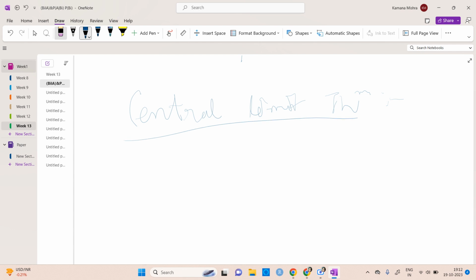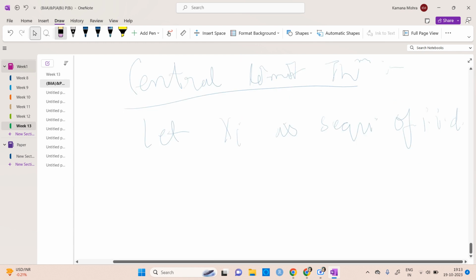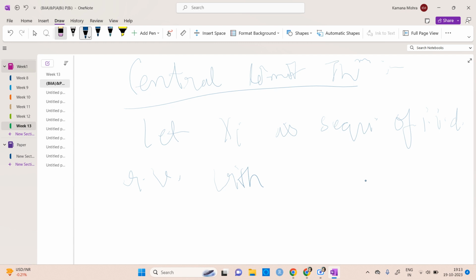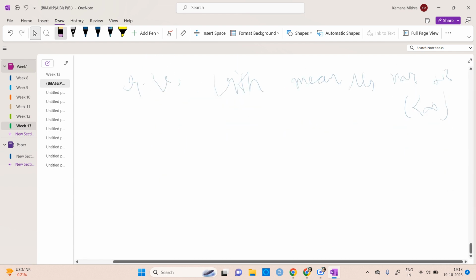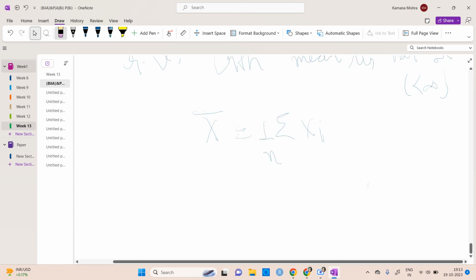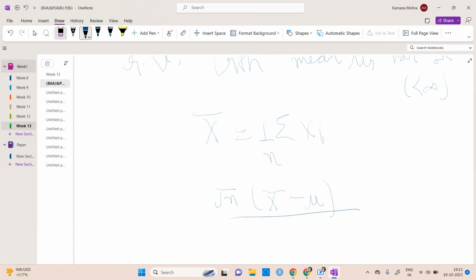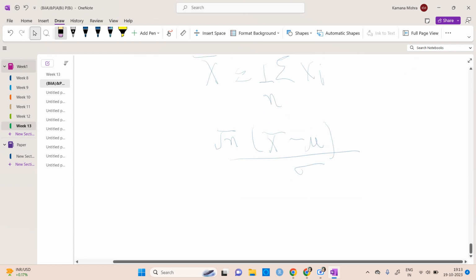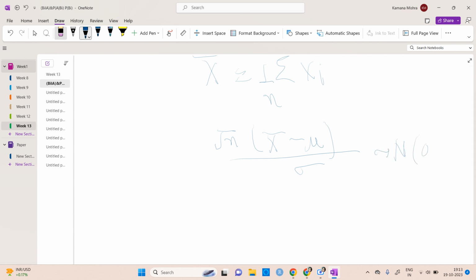If Xi is a sequence of independent and identically distributed random variables with mean mu and variance sigma squared, which is less than infinity, that means finite variance, and X bar is the summation of Xi times 1 upon n, then the limiting distribution of root n (X bar minus mu) by sigma, which we also write as (X bar minus mu) divided by sigma upon root n, is the standard normal variate, normal 0, 1.